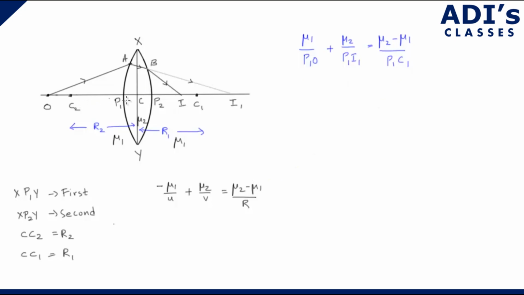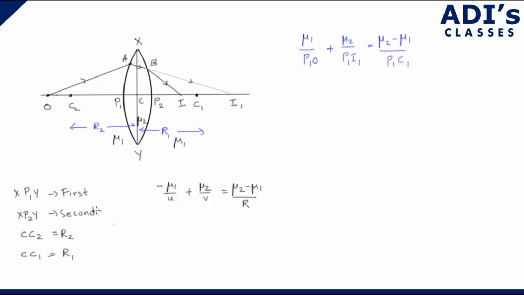We have mu1 divided by P1O because P1O is the object distance, and then P1I1 for the second term, because what we are assuming here is a very important point, that we are assuming that XP2Y is not present, meaning the second surface is not present.